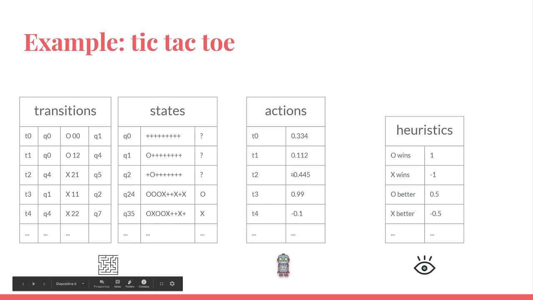This is the agent, and it stores all the values assigned to each one of the transitions. And this one is the heuristic. This one is not strictly speaking a data structure, but you have to include here the methods that will be used to qualify one of these states.